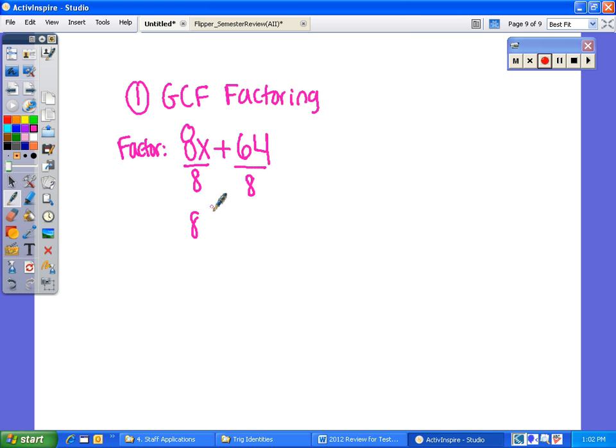So 8 goes on the outside, and the result after you divide goes on the inside. So you can do this with sine.